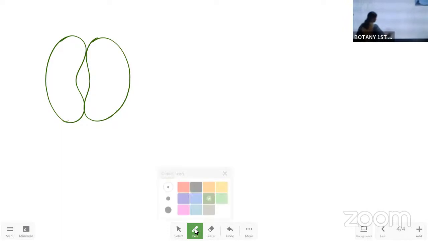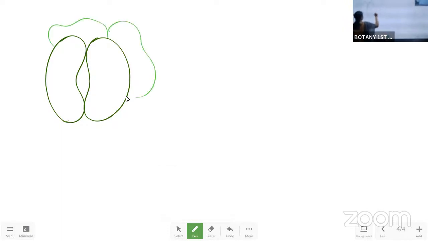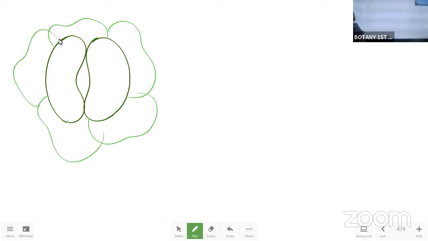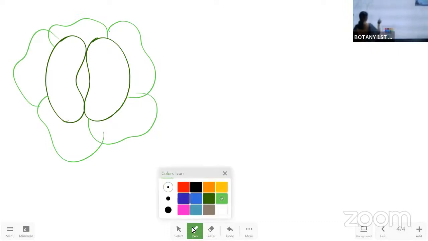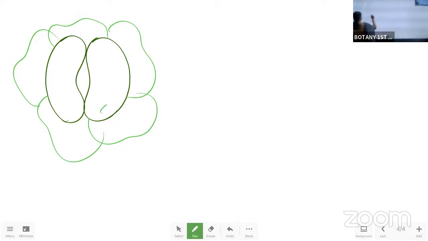Then the stomatal cells, where the stomata are present, in the leaf, isn't it? And these are formed by the epidermal cells of the leaf.